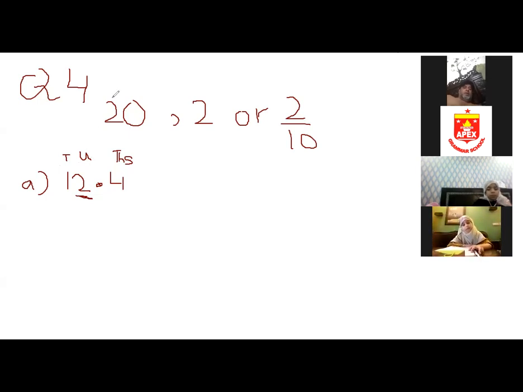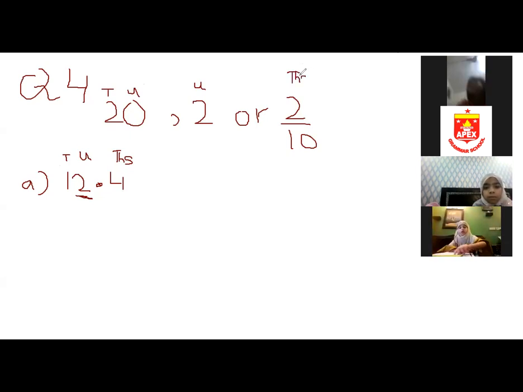Now I am going to see these 3 values. What will be the answer? This 0 is unit. In 20, this one is unit and this one is tenth. And this one is only unit. Tenth value is divided into 10 equal parts.